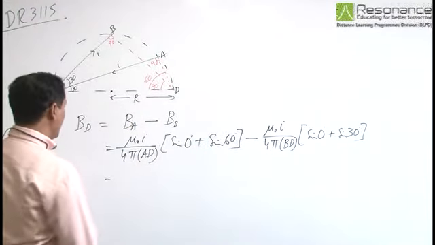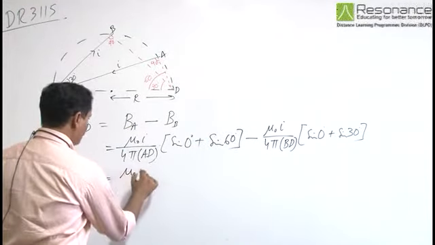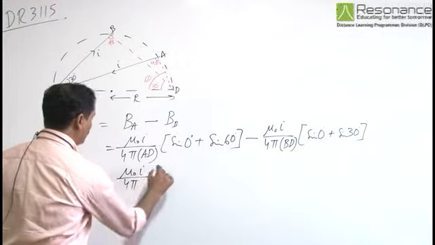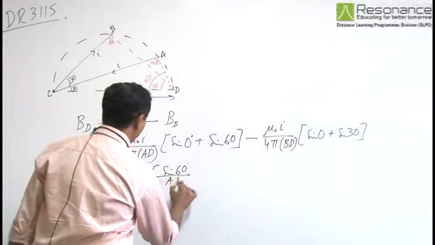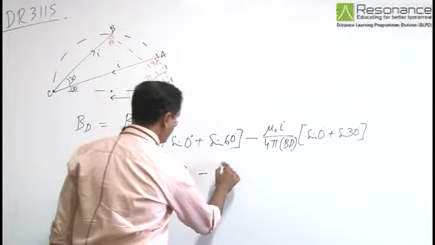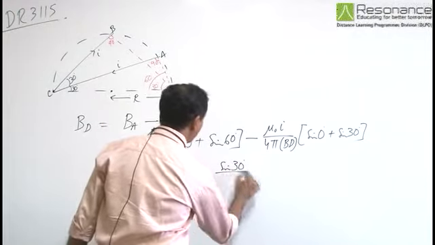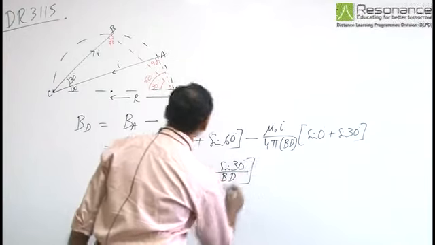So from here we have mu naught I by 4 pi, sine 60 degree by AD minus sine 30 degree by BD.